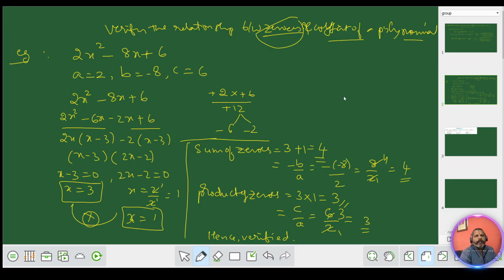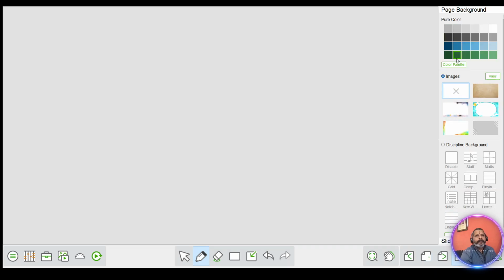Can we look at another example before we move to the exercise here? Let's see one more example: 3x square plus 5x minus 2. First step is to split it using the factorization method.